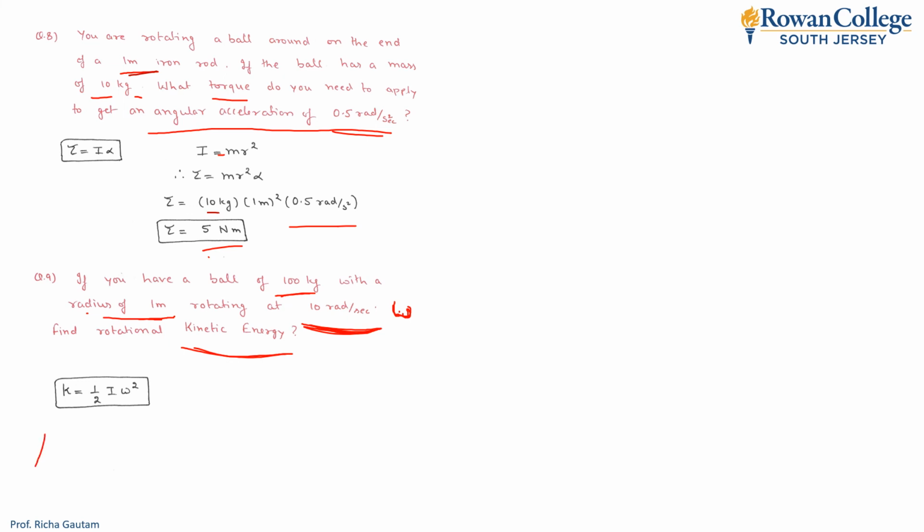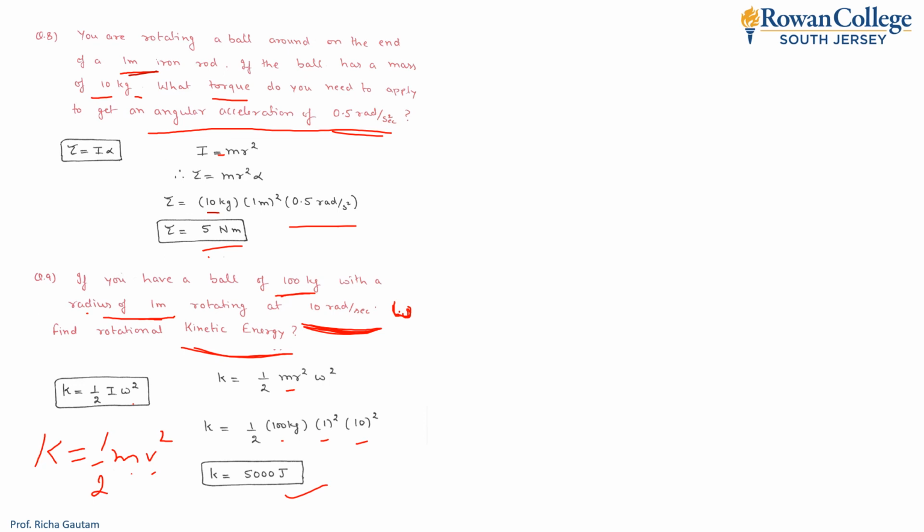If you remember, kinetic energy in translational motion was half m v square. So half is the same, I is for mass m, and omega is for the linear velocity v. Just plug in the numbers, and moment of inertia is basically m r square. So m is 100 kilograms, r is 1, and omega is 10. The total kinetic energy you will get is 5000 joules.